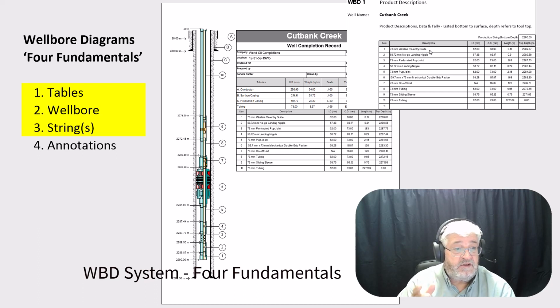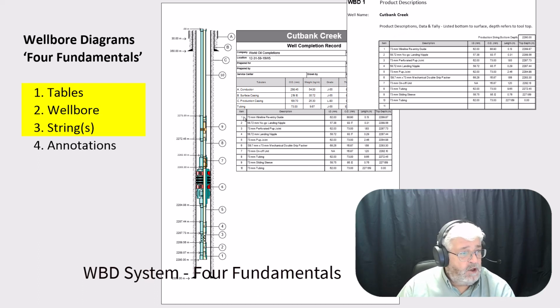There are instances where people list them bottom down, or the nice thing about Excel and doing this is that you can also cross-reference your tally and make sure that your depths are correct. But all the descriptions or the depth tags are to the top of the tool for this drawing.